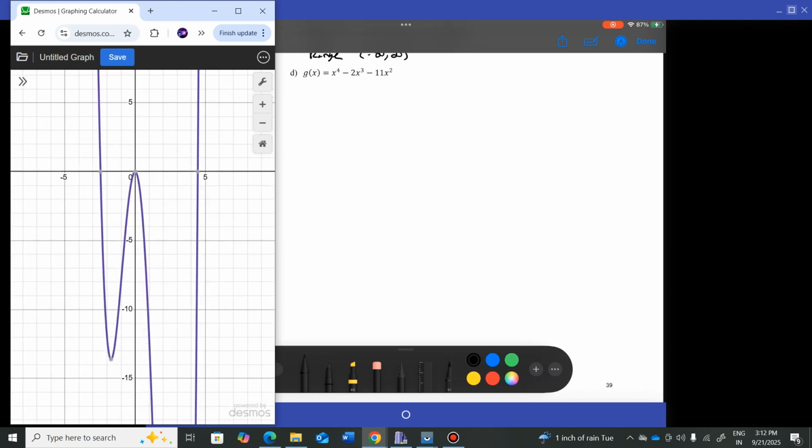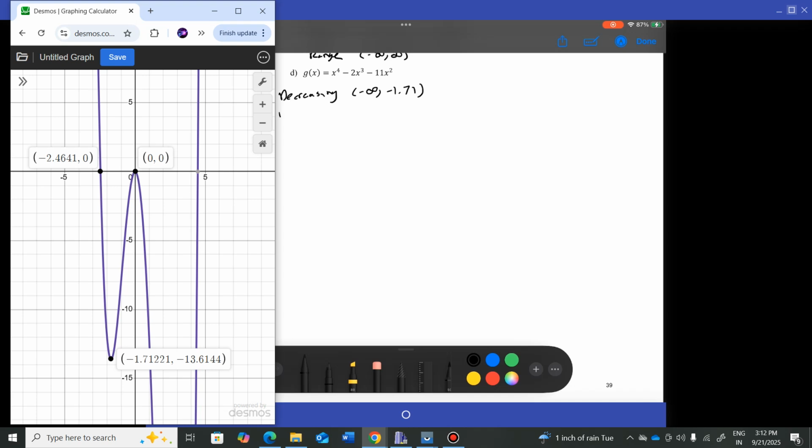Alright, so intercept there, lowest point, maximum point. I'll just go from one side over to the next. So it's decreasing from negative infinity to negative 1.71.